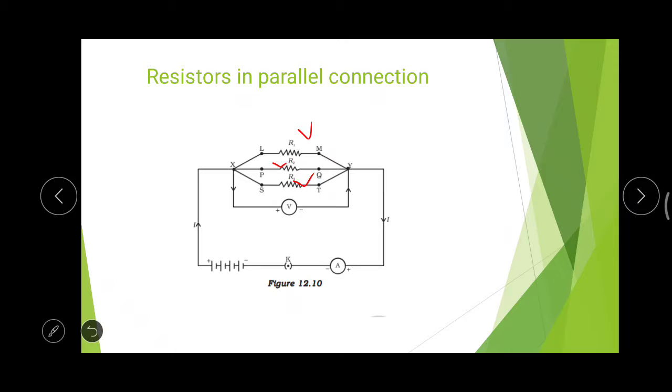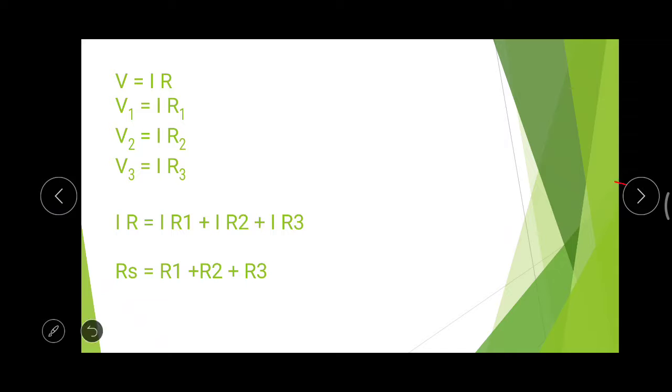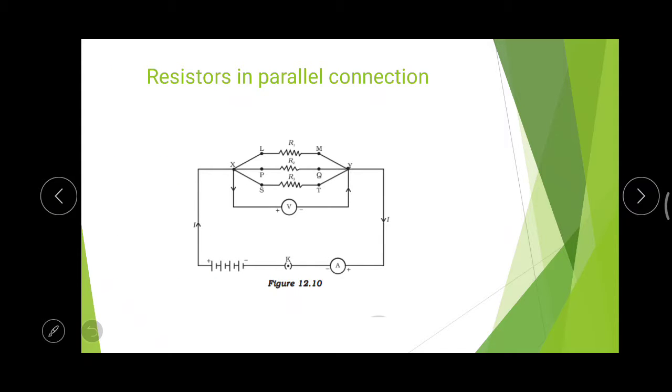Now let us discuss the current value. Consider the total current I, which reaches the junction K. Afterwards, the current will split into 3.